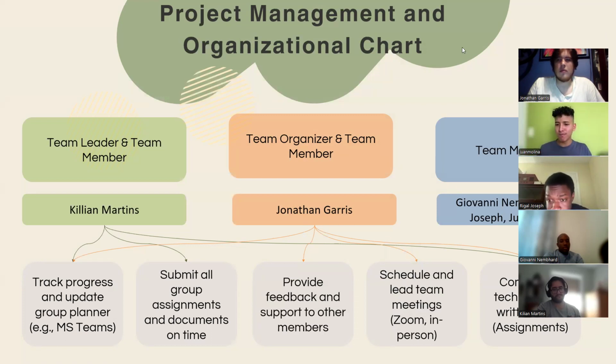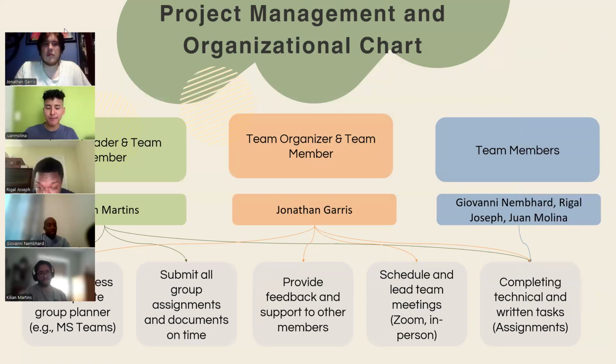Our team organizer is Jonathan. He deals with tracking progress and updating group planners, providing feedback and support to other members, as well as scheduling and leading team meetings on Zoom or in person. Our team members include Giovanni, Regal, and Juan, who specifically deal with completing technical and written assignments.